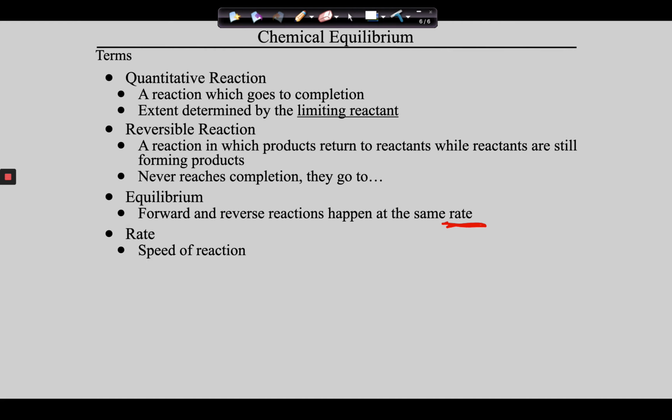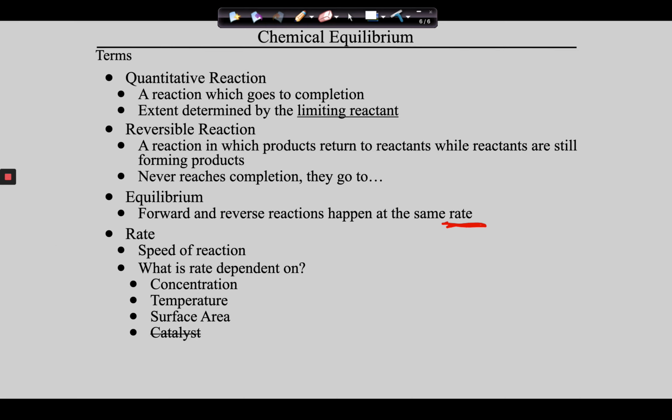We know that rate is a speed of reaction, and we know that rate is dependent upon four things. It's dependent upon concentration, temperature, and surface area. But then remember, there's a fourth thing that reaction rates are dependent upon, and that's a catalyst. Now, guys, catalysts do not come into the conversation of rate when we're talking about equilibrium.